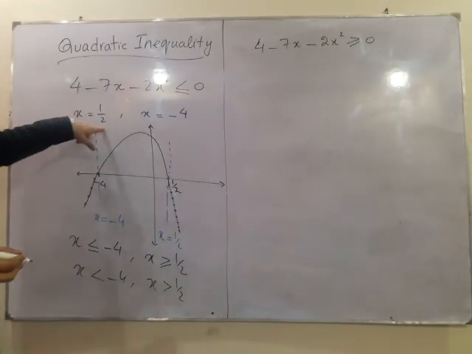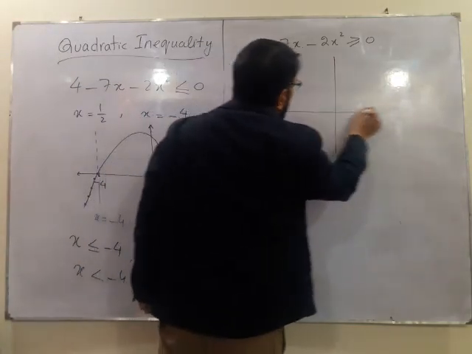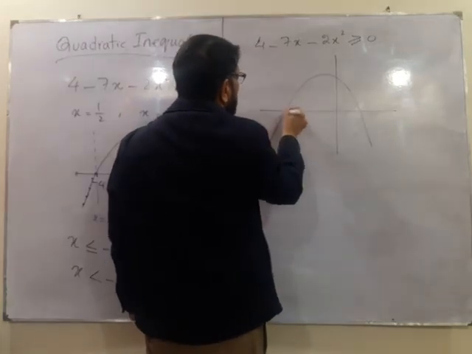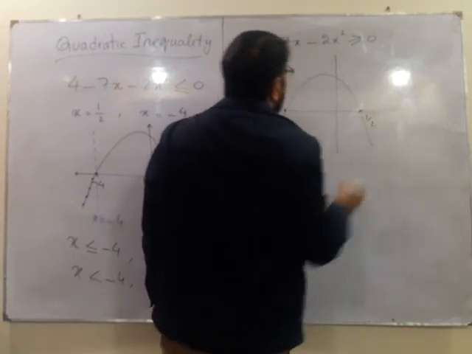Same equation, so same points of intersection, minus 4 and half.